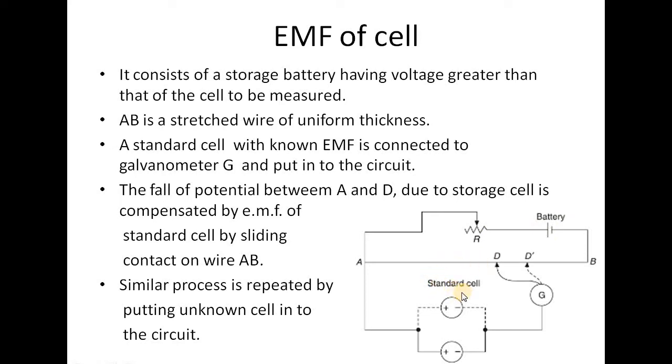Now we repeat the same process with the unknown cell. We put the unknown cell into the circuit through the galvanometer, and on moving the sliding contact to point D dash, when the length is AD dash, the fall of potential of the battery is compensated by the EMF of this unknown cell.